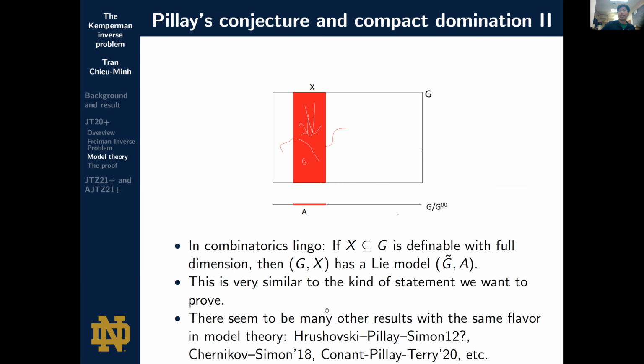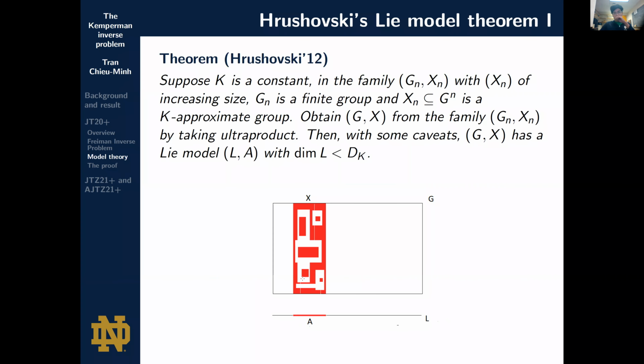And there are many other statements of the same flavor in model theory. One of them is the result by Hrushovski, the Lie model theorem, also known as the stabilizer theorem, if you view it from a model theoretic point of view.